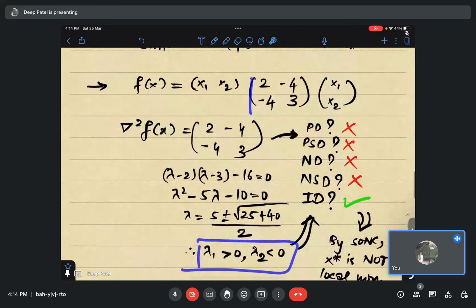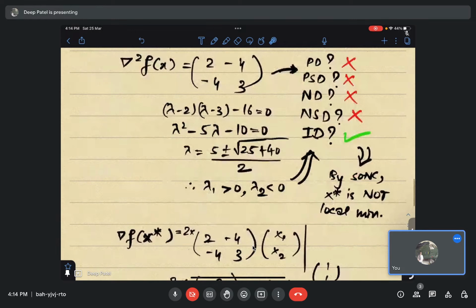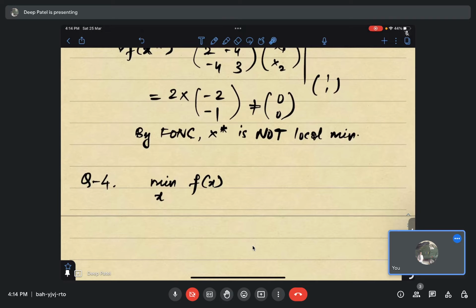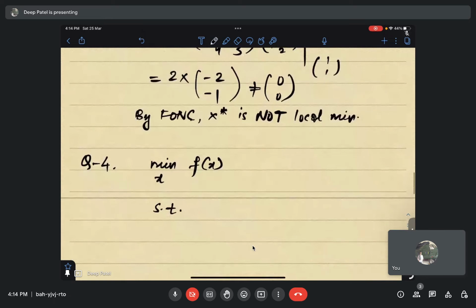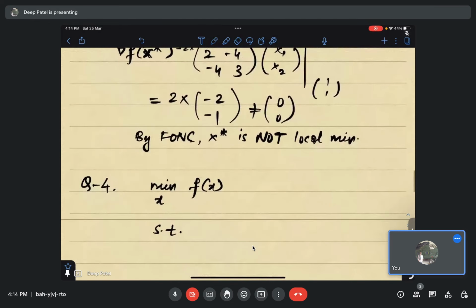If this Hessian happens to be at least positive semi-definite, then we can safely say it's a convex function, and things will be much simpler. So this may be a saddle point, right? Yes, it is a saddle point. In one direction you can increase the value, in one direction decrease the value.